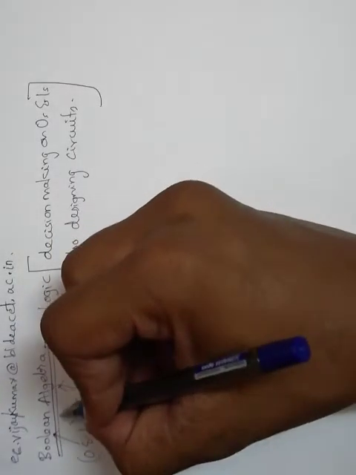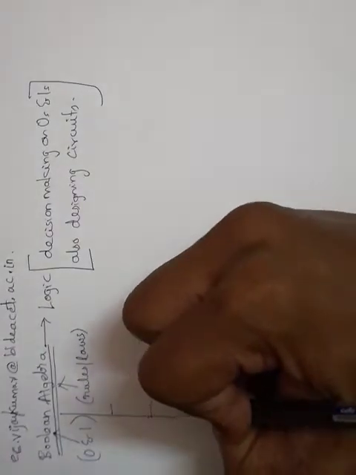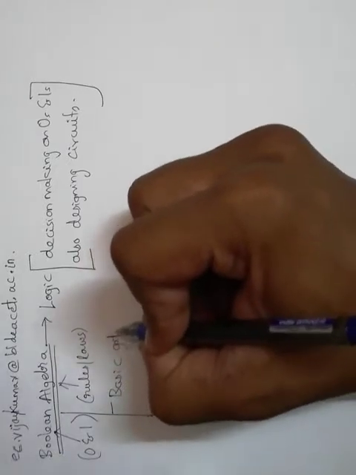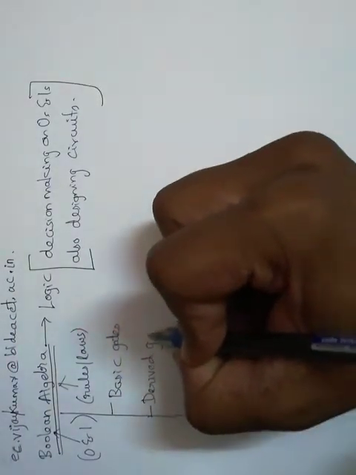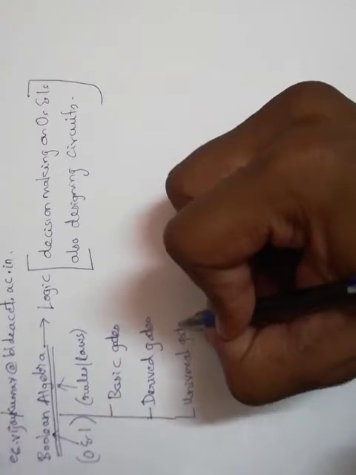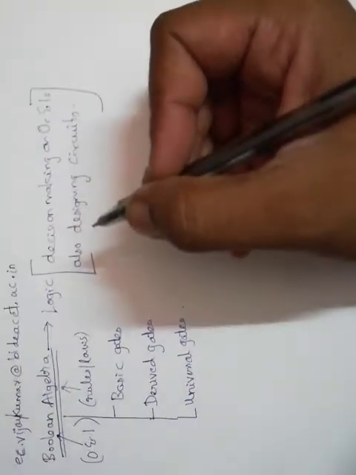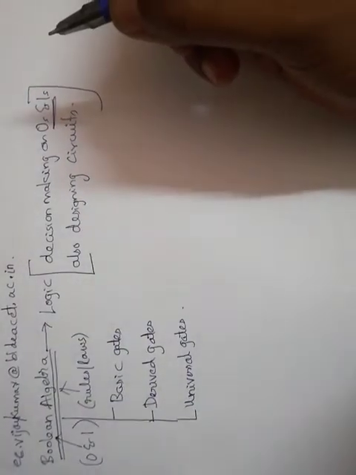We'll start with the gates which are available in Boolean algebra. We have three different types of gates: basic gates, derived gates, universal gates. Gates are the logics which will decide what has to be done with incoming zeros and ones.